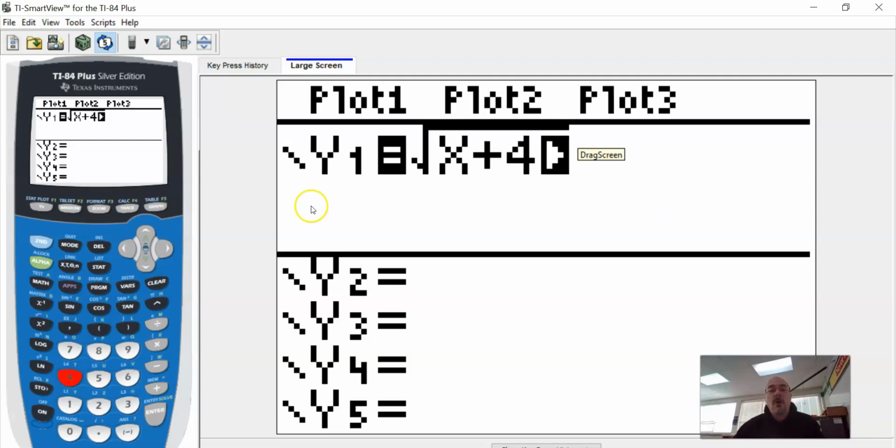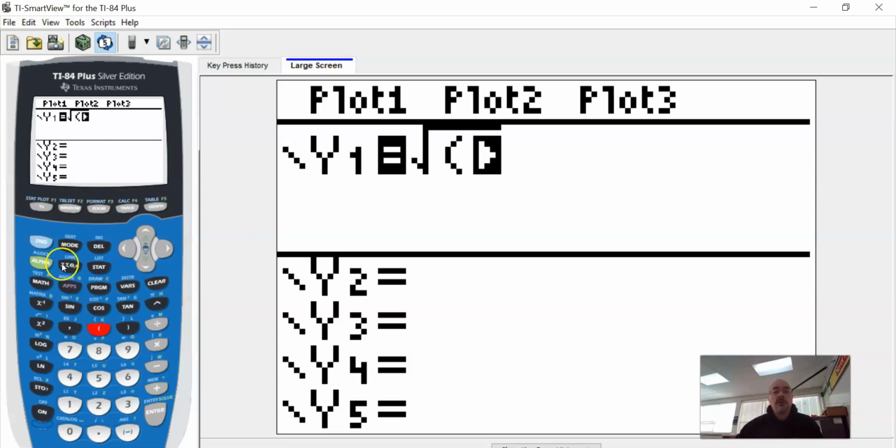Now, if you have an older calculator, you will need to use parentheses on yours. However, that's not necessary with this newer one, so I'm just going to go ahead and do that.